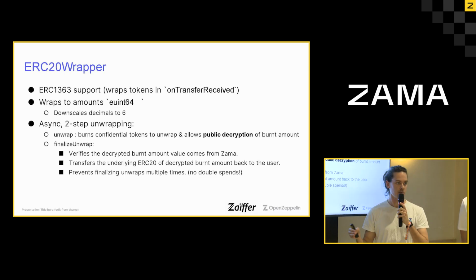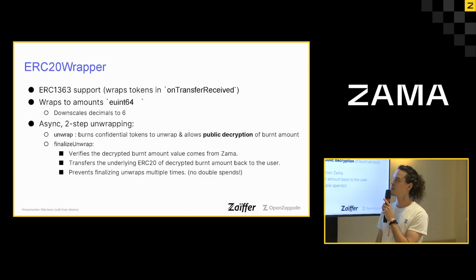So it will automatically check the decimals of your ERC-20 token and downscale whatever amount you're sending in to 6 decimals, so that it fits in the EUINT64 nicely. And then there is the 2-stage unwrapping.